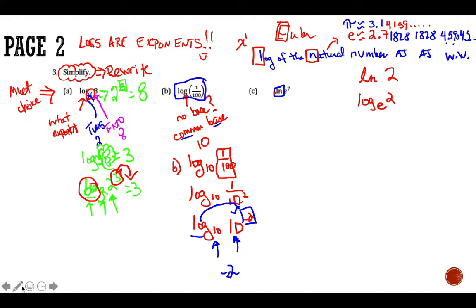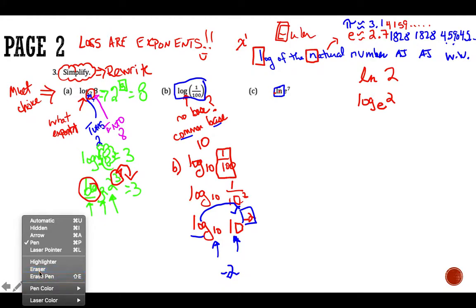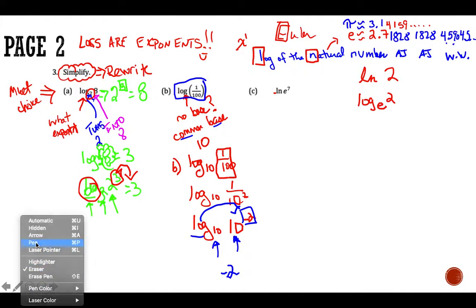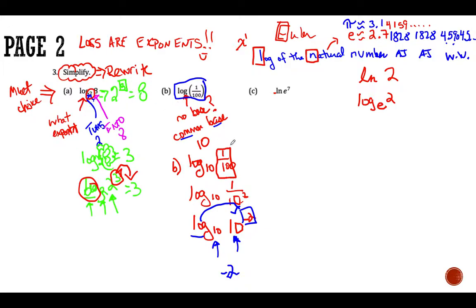So anyway, back to problem C. Look at this problem. Before I do it, I want to go back to the problems we had before. What if I said to you, what is the exponent that turns 10 into 1,000? It's the exponent that takes a base of 10 and turns it into 1,000. Isn't that 3?